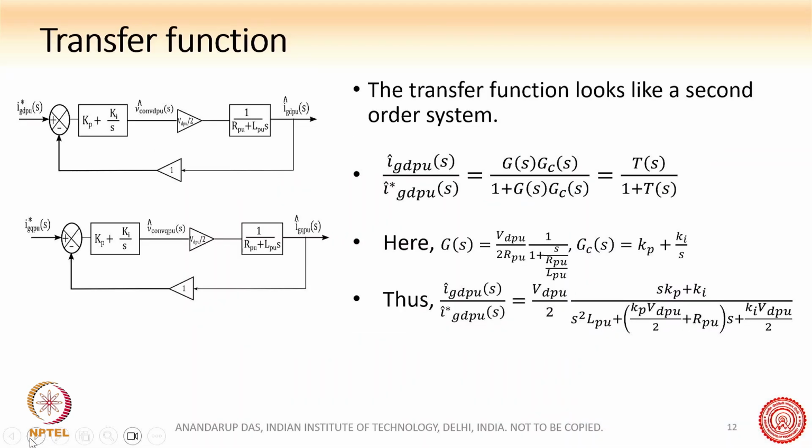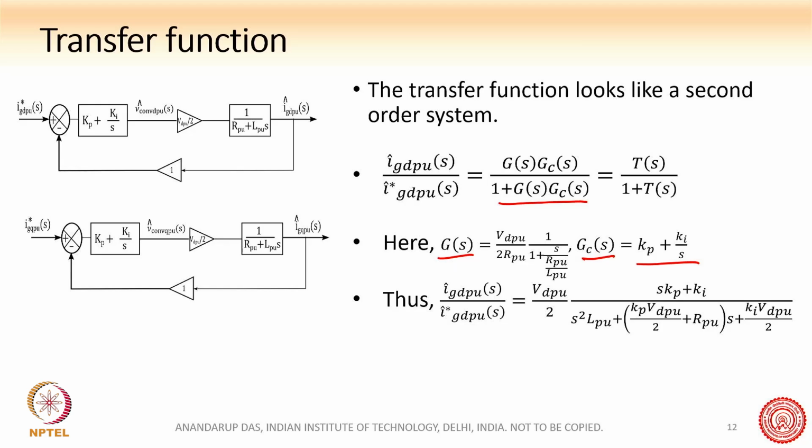So then we can quickly find out what the transfer function of this system is. In fact, as we can immediately see, this is a second order transfer function. And so you can write it this way, where GS is something like this and GCS is the compensator or the regulator.